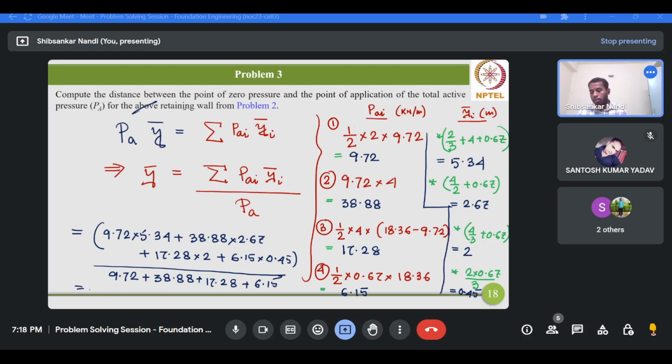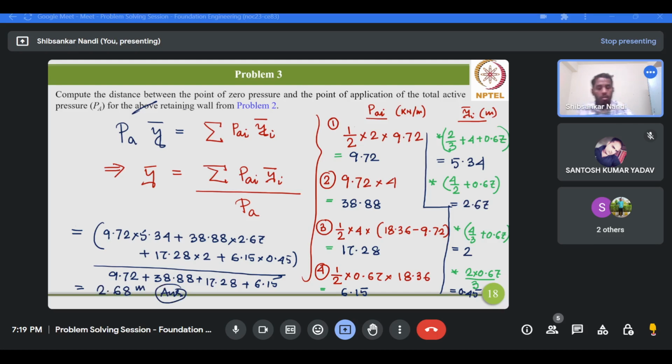Okay, so please calculate. So 2.68 is the answer.